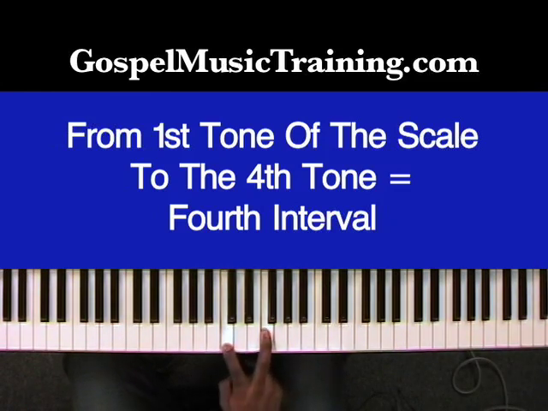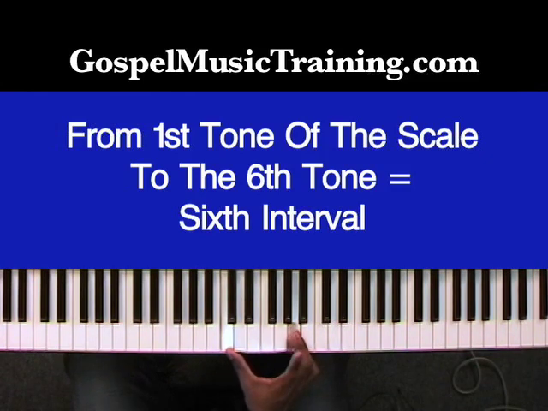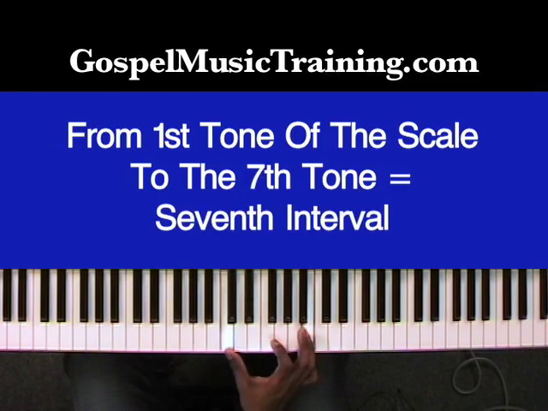Those are called fourth intervals. The first tone to the fifth tone, those are fifth intervals. The first tone to the sixth tone, sixth intervals. And the first tone to the seventh tone, that's a seventh interval.